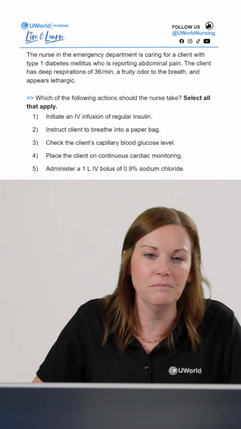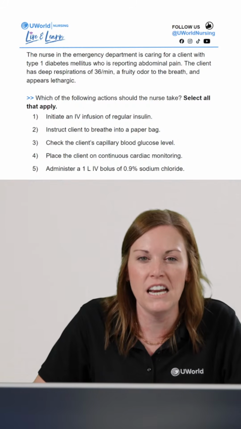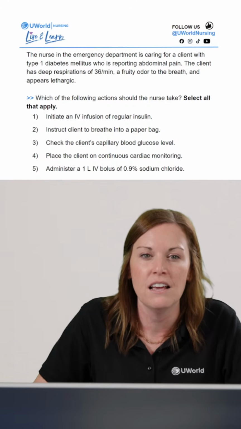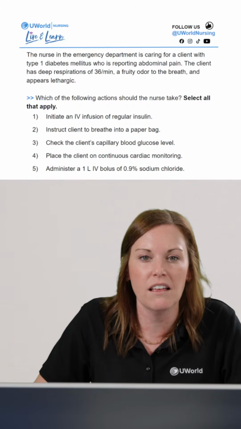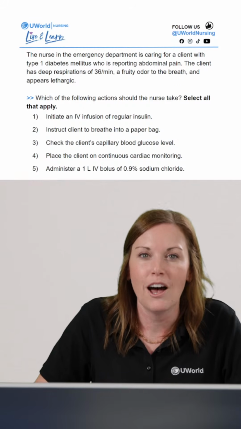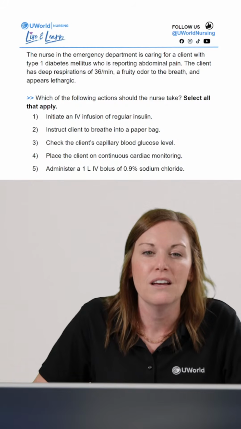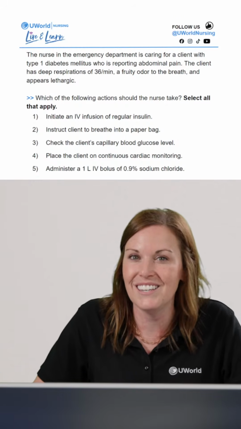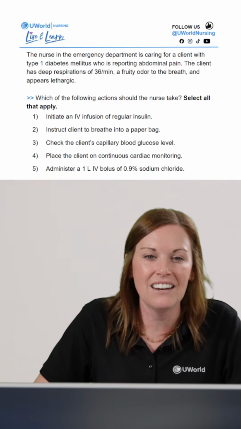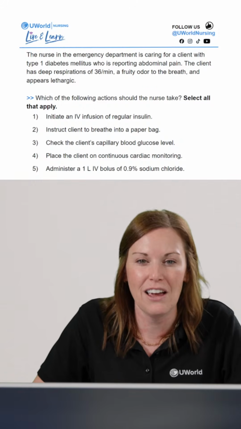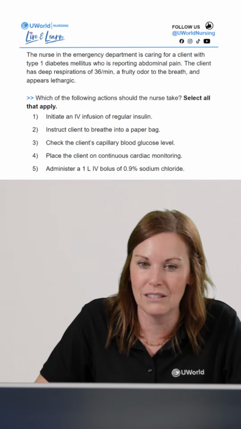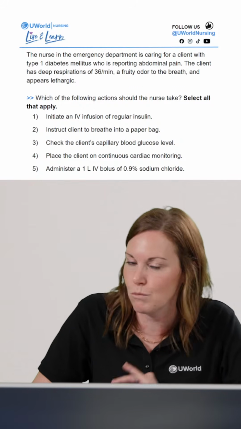Select all that apply. Option 1, initiate an IV infusion of regular insulin. Option 2, instruct the client to breathe into a paper bag. Option 3, check the client's capillary blood glucose level. Option 4, place the client on continuous cardiac monitoring. Option 5, administer a 1-liter IV bolus of 0.9% sodium chloride, or normal saline.